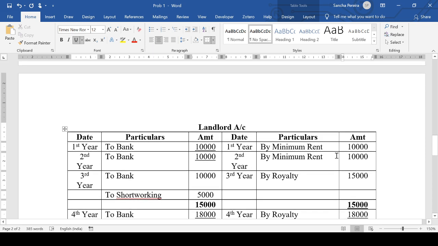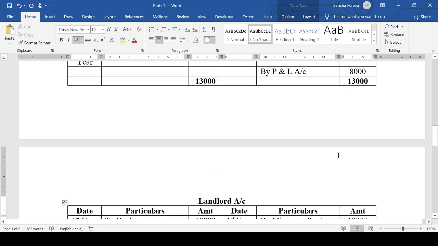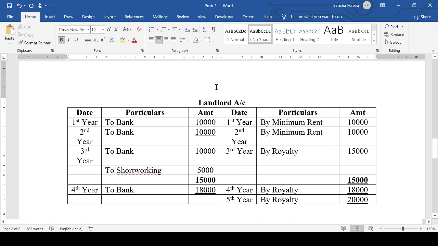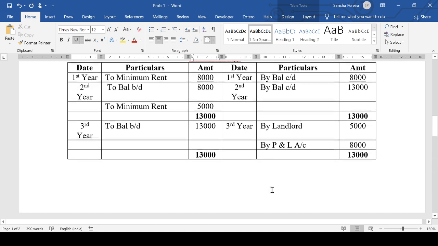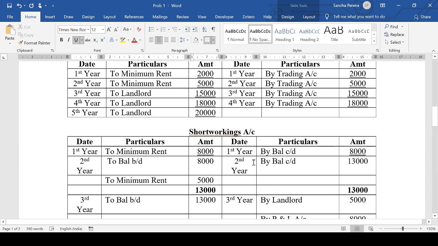Next, landlord account to bank, make the payment. Finally, transfer the royalty to the trading account.